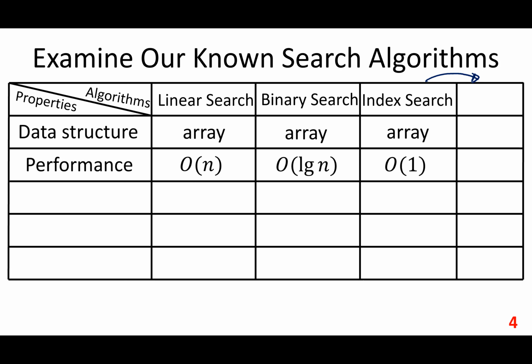But it has a big problem, which I will point out later. It has a huge problem, so usually it is not useful. That's why in the real world almost nobody uses this index search.